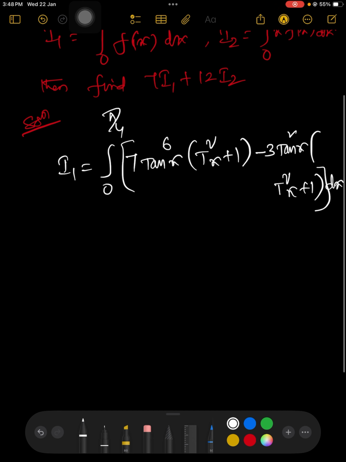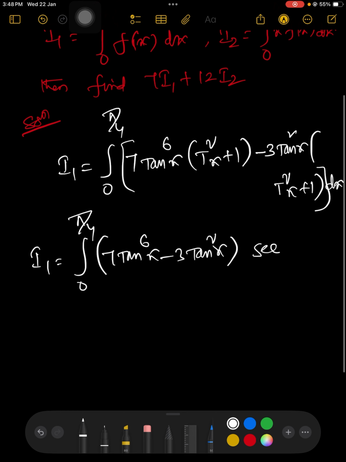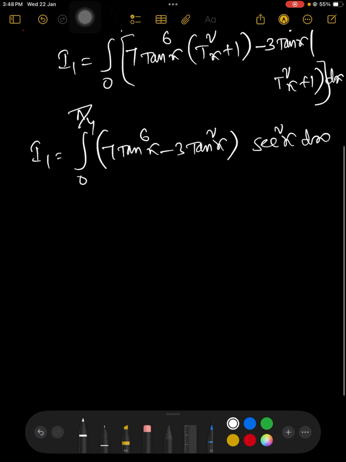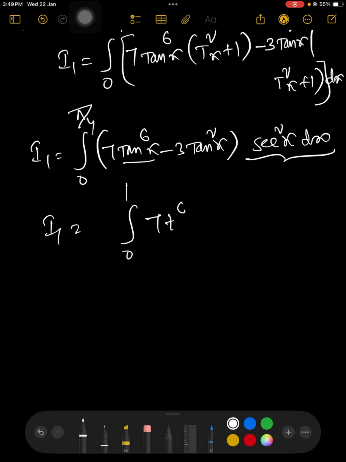Okay, now I1 equals the integration of 0 to pi by 4 of 7 tan power 6x minus 3 tan square x, into 1 plus tan square x, which is nothing but secant square x, whole dx. Now if tan x equals t, secant square x dx is dt, so I1 equals the integration of 0 to 1 of 7t power 6 minus 3t square, whole dt.